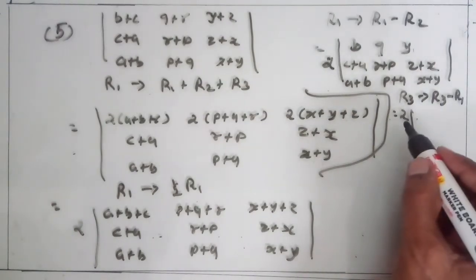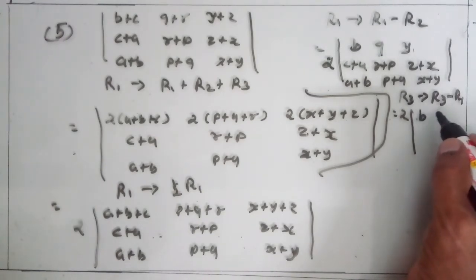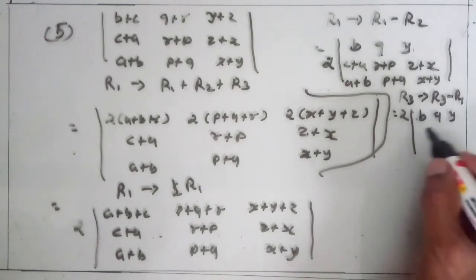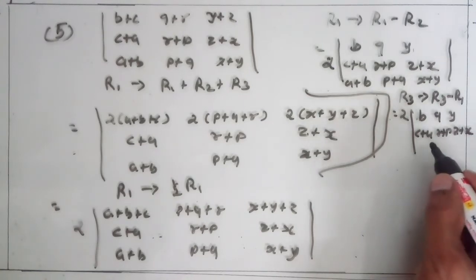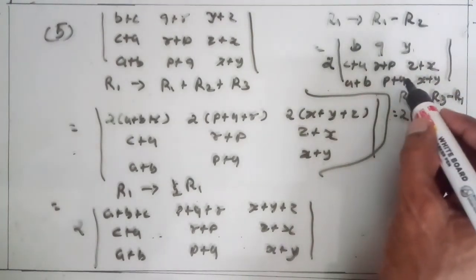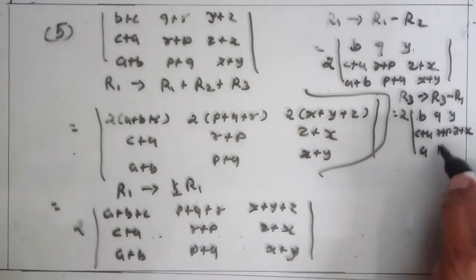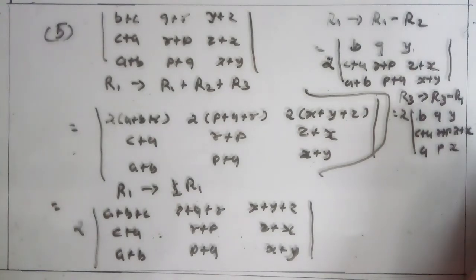So the value of this becomes 2 into first row same, B, Q, Y, C plus A, R plus P, Z plus X. Here B cancel, so we get A. Here Q cancel, so we get P. Here Y cancel, so here we get X. Clear?